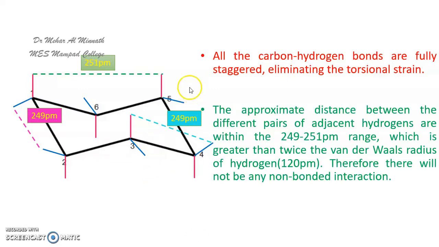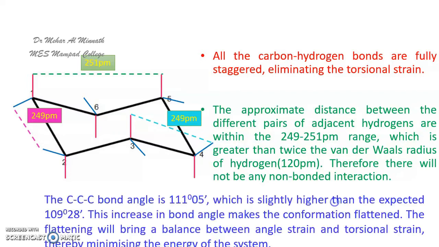And also the distance between the adjacent hydrogen atoms is much above the 240 picometer, which is the van der Waals radius. 120 picometer is the van der Waals radius of hydrogen, and when 2 hydrogens are placed together, it will be 240 picometer. And the distance between the adjacent hydrogen atoms in this chair form is above 240 picometers, so there will not be any steric hindrance or steric strain either.